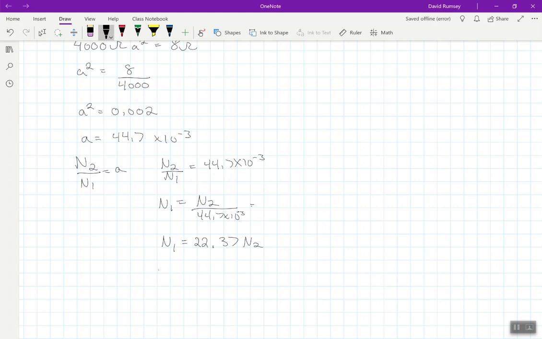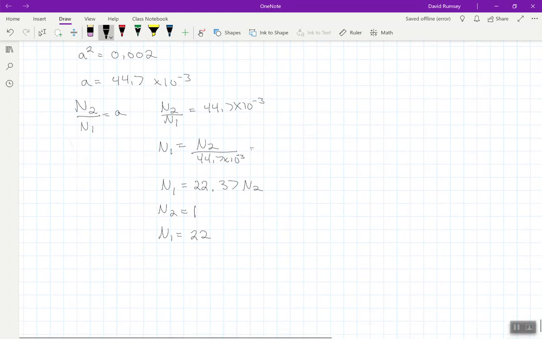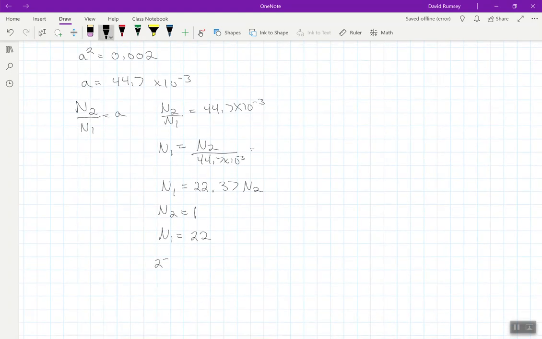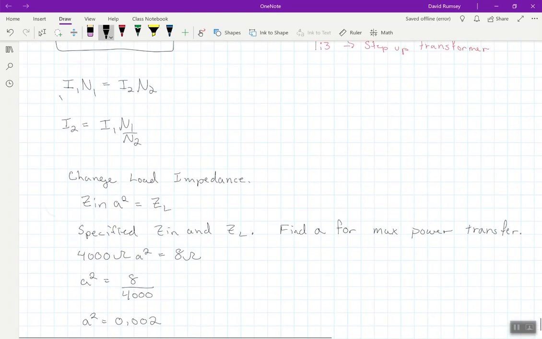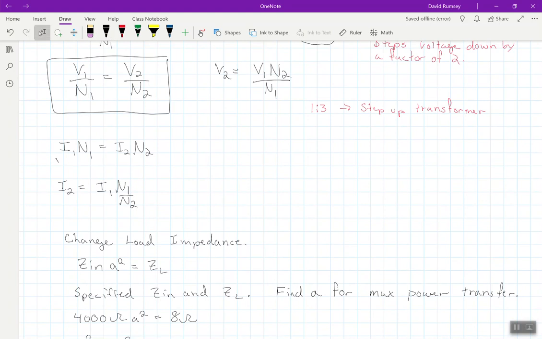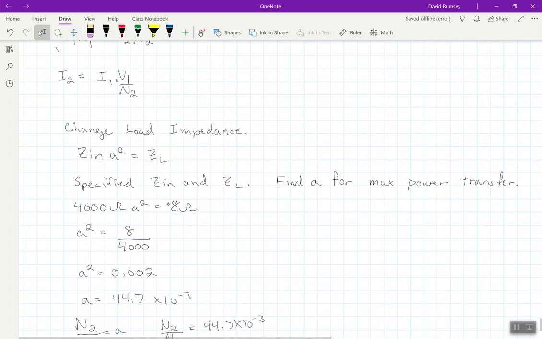As far as the turn ratio, you just make life easy. Let's make N2 equal 1. Then, rounding here, let N1 equal 22. So if I had a 22 to 1 transformer, I would be able to make this 8 ohm load see an 8 ohm impedance as opposed to a 4,000 ohm impedance, so I'd get maximum power transfer.